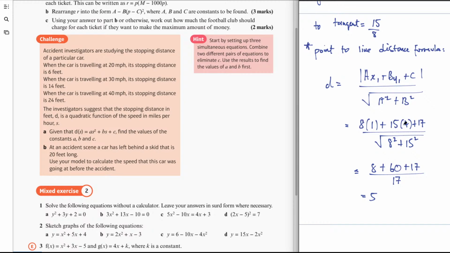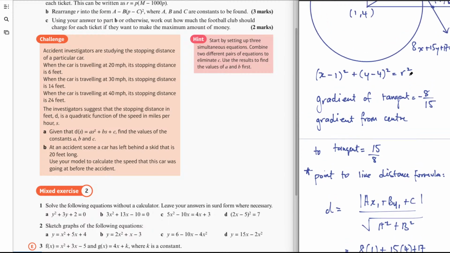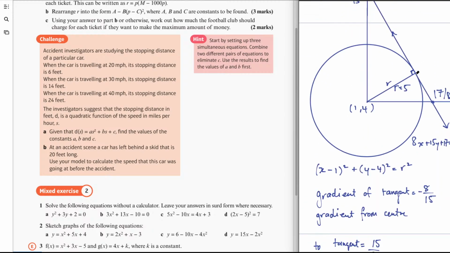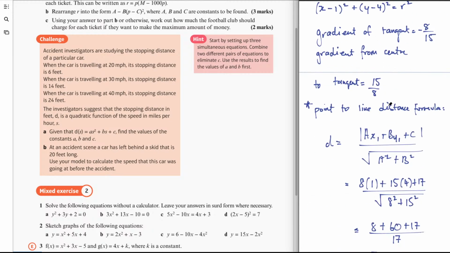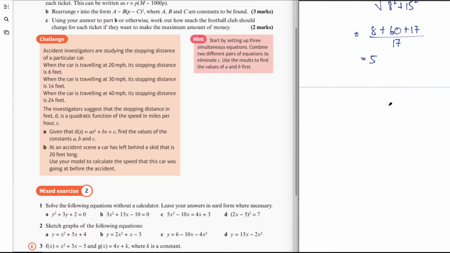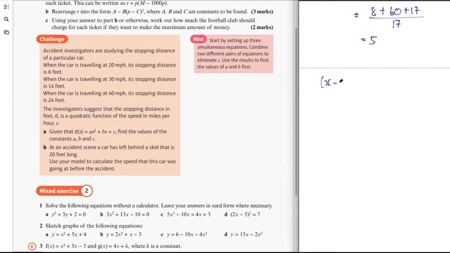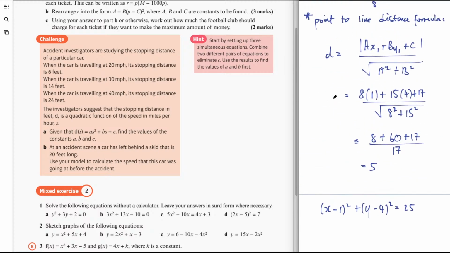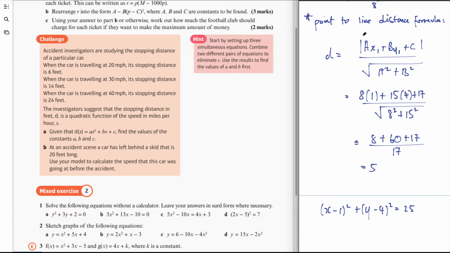So anyways, the equation is now x take 1 all squared plus y take 4 all squared equals 25. So how do we derive this?